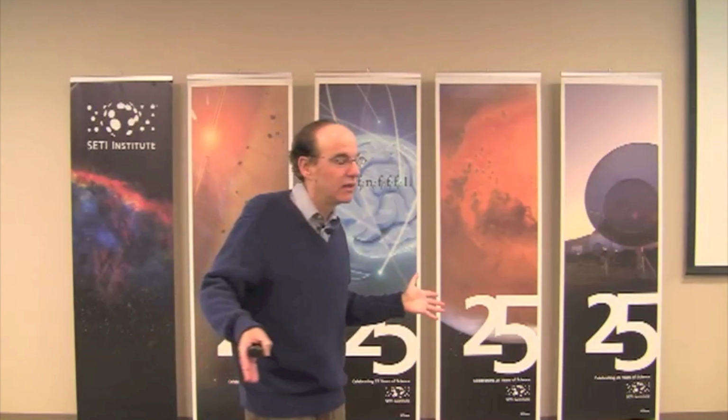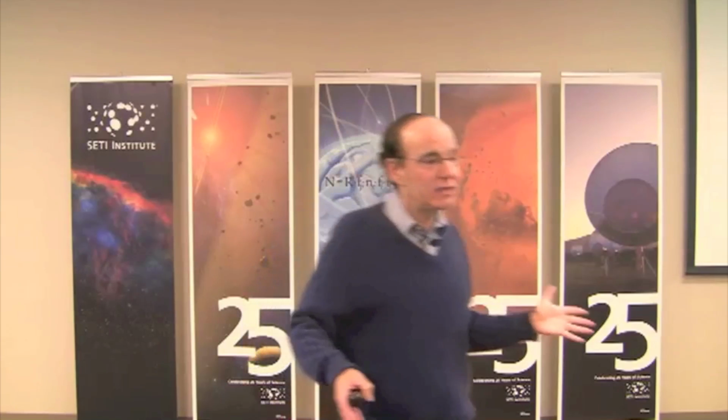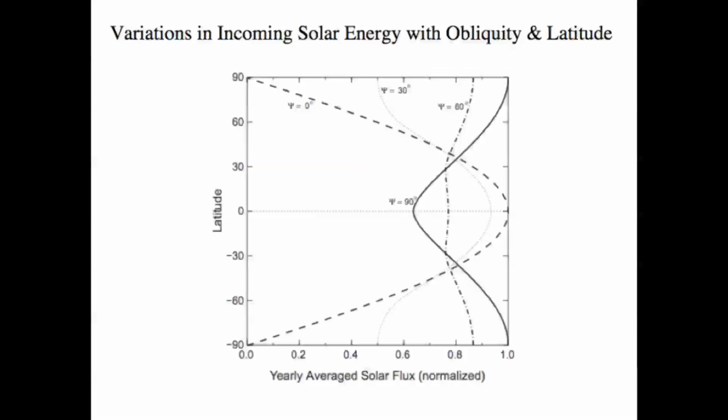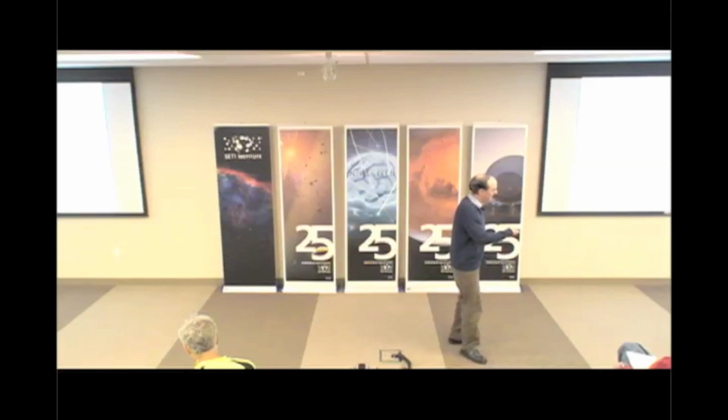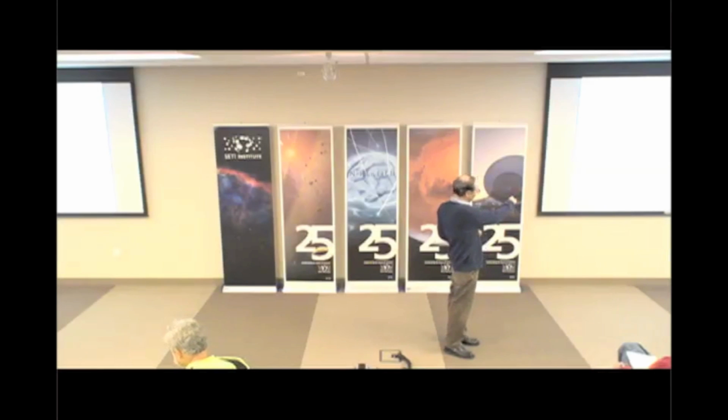You wouldn't have any seasonal variations, but indeed you'd actually have very extreme differences between the equators and the poles. Because the sun would never be more than on the horizon. At the poles, there'd be essentially negligible amount of insolation at the poles.